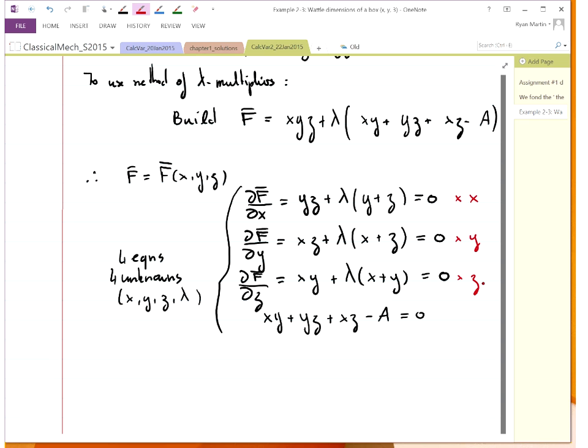Right? So if I multiply the first equation, I have xyz plus lambda x times y plus z. The second equation will be yxz plus lambda y times x plus z, etc. So all equations will have an xyz term in them.